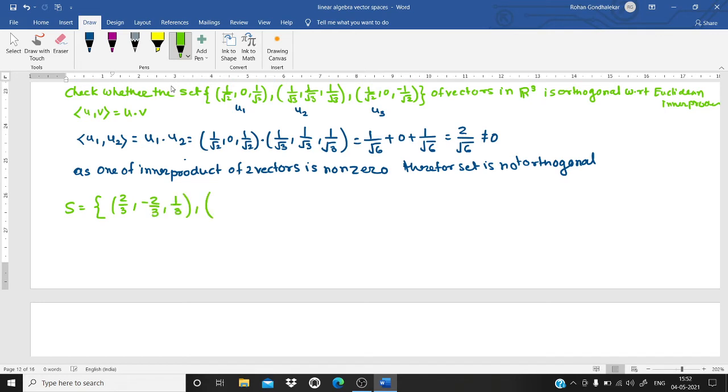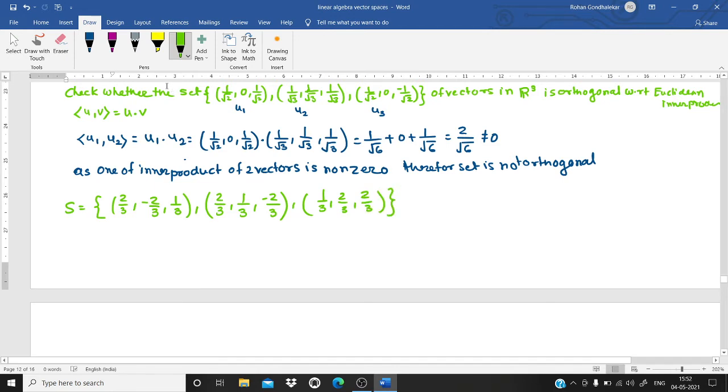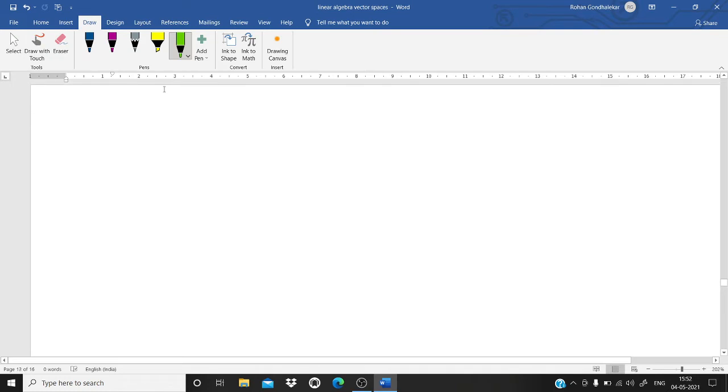The second vector is 2 by 3, 1 by 3, 2 by 3, then 1 by 3, minus 2 by 3, and the third vector is 1 by 3, 2 by 3, 2 by 3. Are you clear with this? This is another set that you should check for whether it is orthogonal or not.